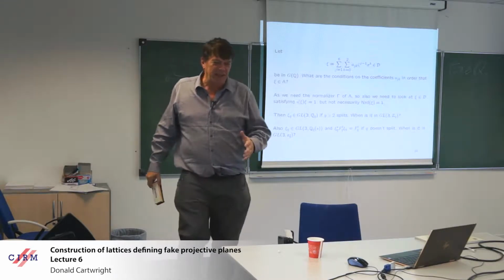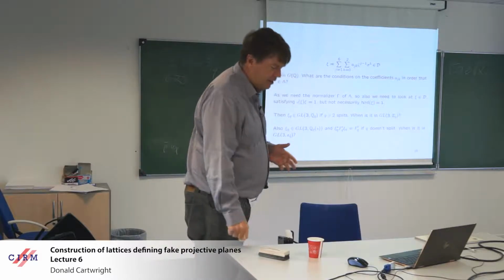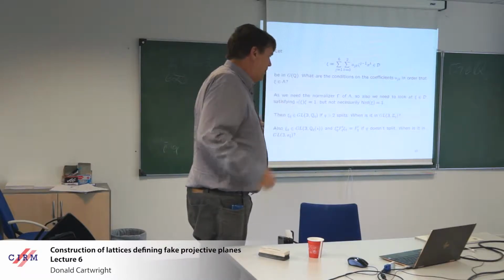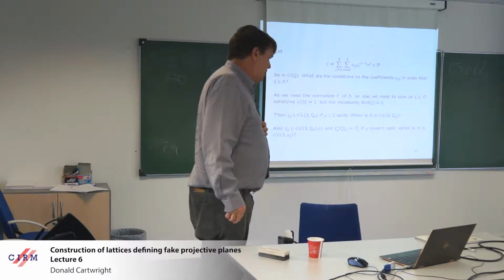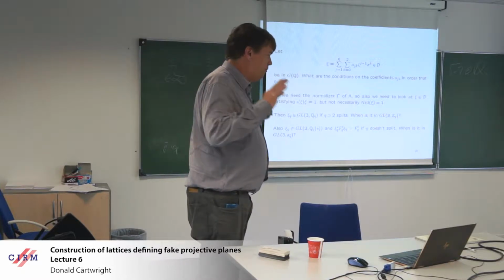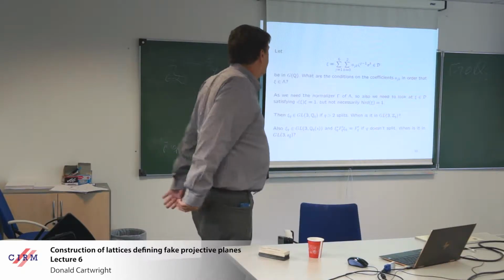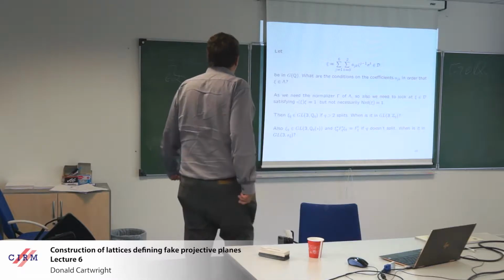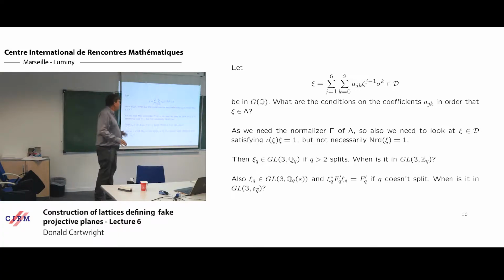Here I'm sort of skating over, I'm trying to avoid this business about the adjoint group. And I want to minimize the algebraic group stuff. So I'm just going to work with G, and then I have to fudge a little bit. But anyway, we need the normalizer of gamma as well as just lambda.